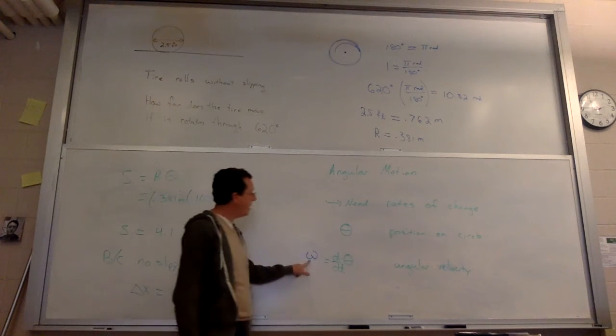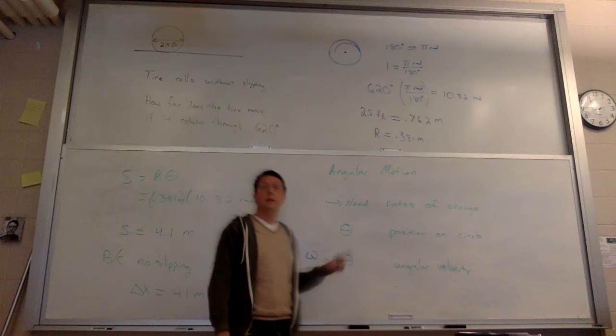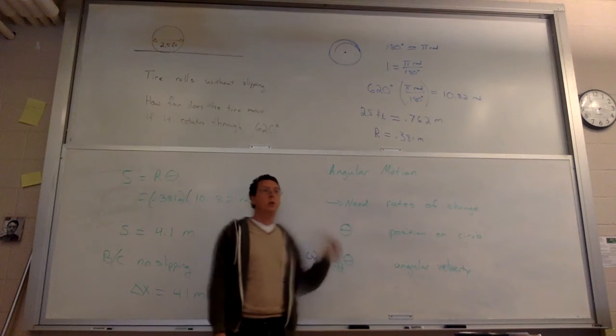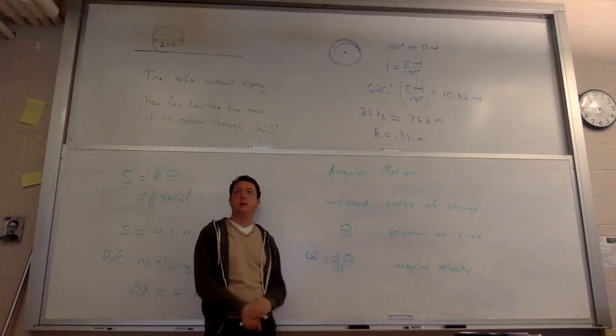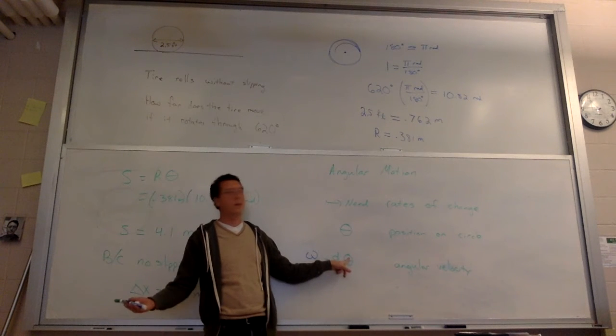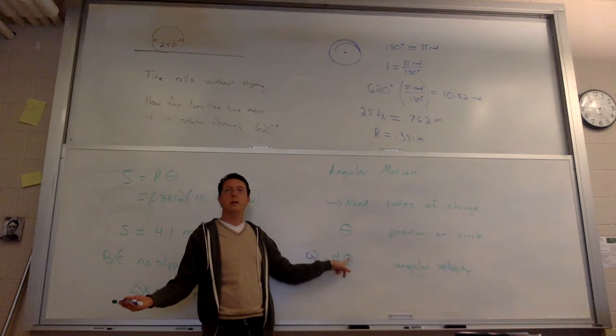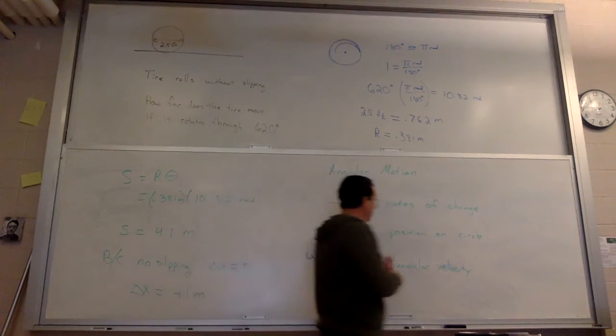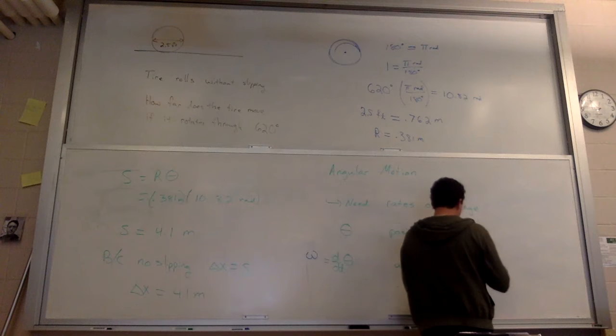But what does omega mean? It's the rate of change of the angle in time. So what units would you give it? How would you measure the angle if you're going to give it a fake unit? Radians. So this would be radians per second.